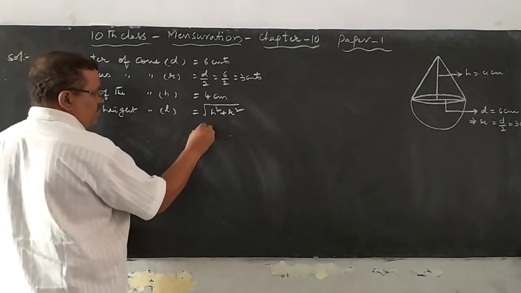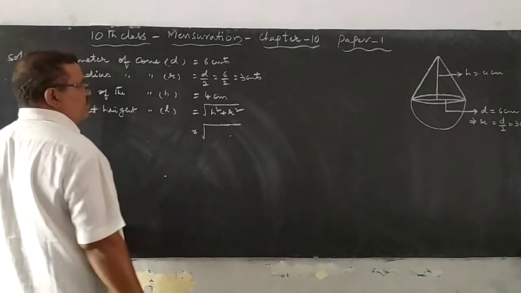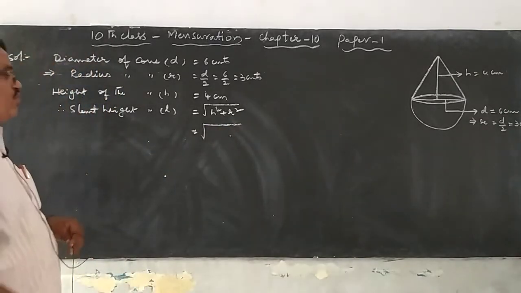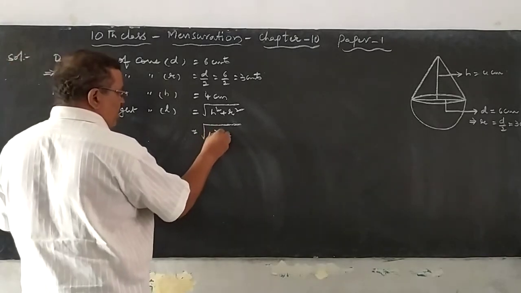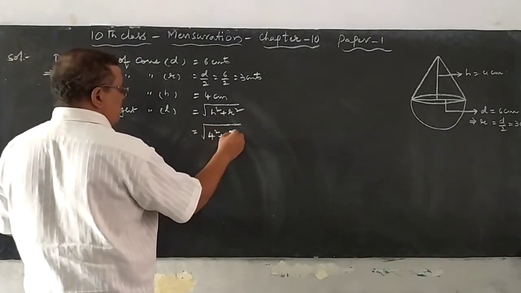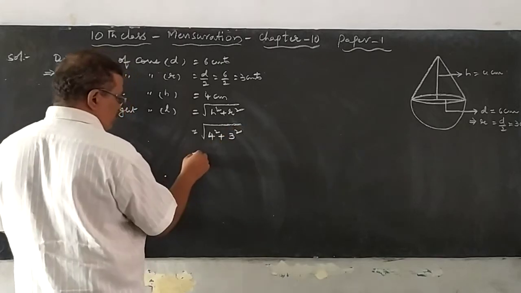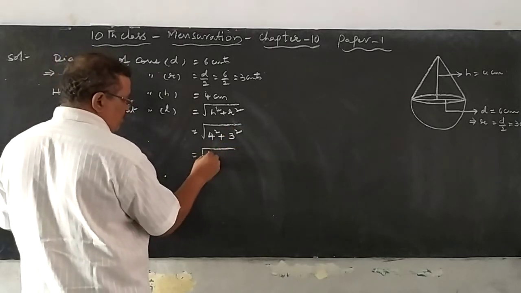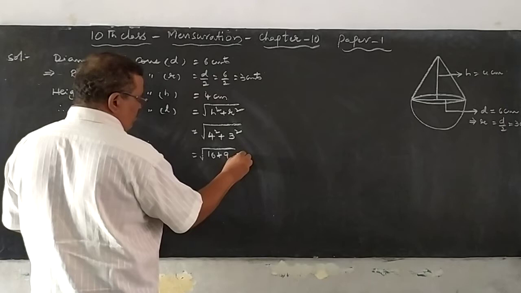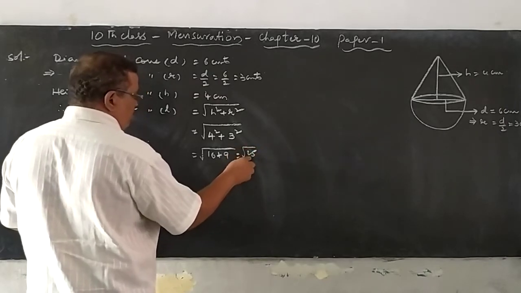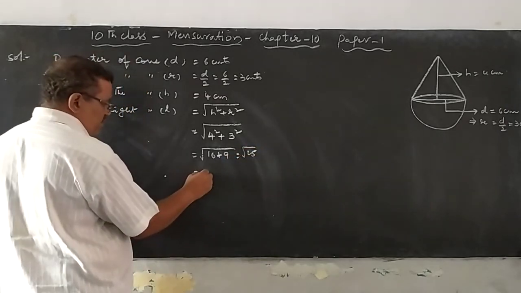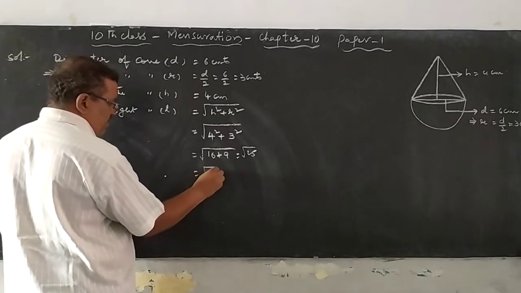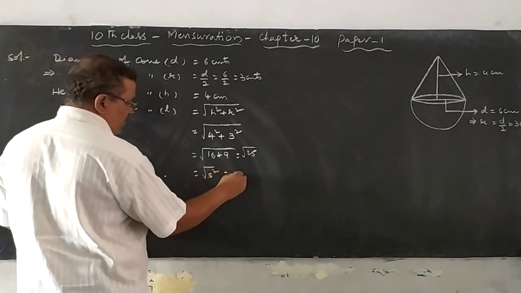That is square root of 4 square plus 3 square, square root of 16 plus 9, which is root 25. 25 can be written as 5 square, so the square and square root cancel, 5 centimeters.